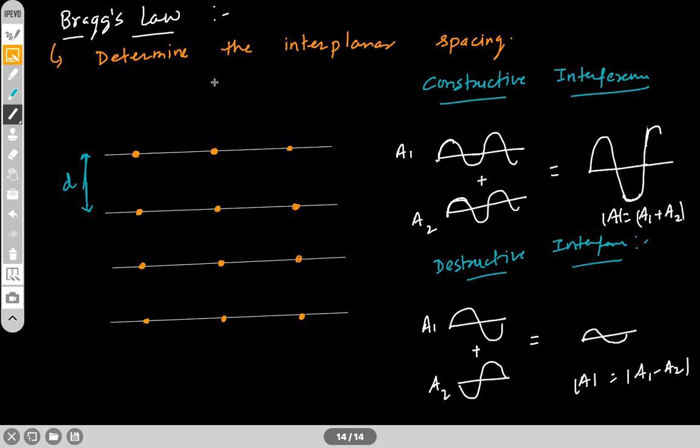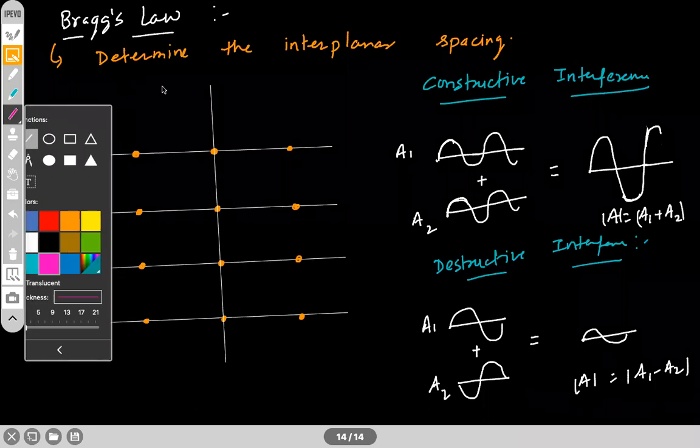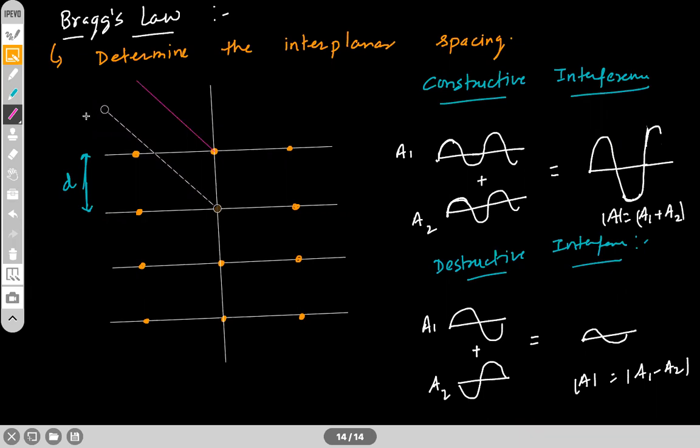Now coming back to this point. To find out the interplanar spacing, we use a light source, and from this we project the light onto the surface of the crystal whose interplanar spacing we need to find. This light reflects this way, and from here also it goes this way.